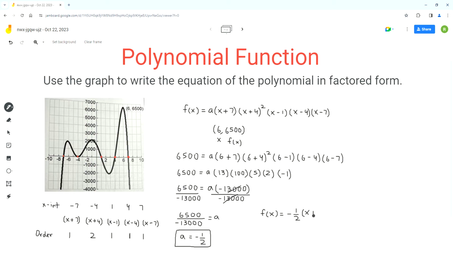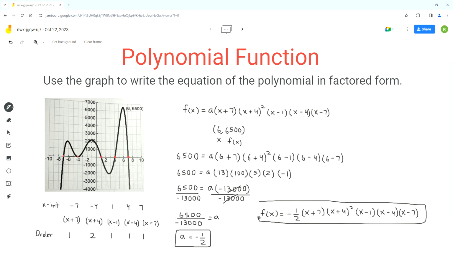So x plus 7 times x plus 4 squared times x minus 1 times x minus 4 times x minus 7. So this should be the final answer for this problem.